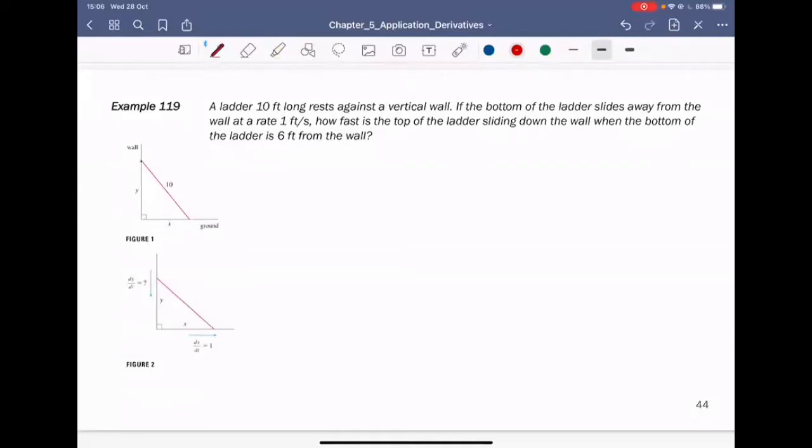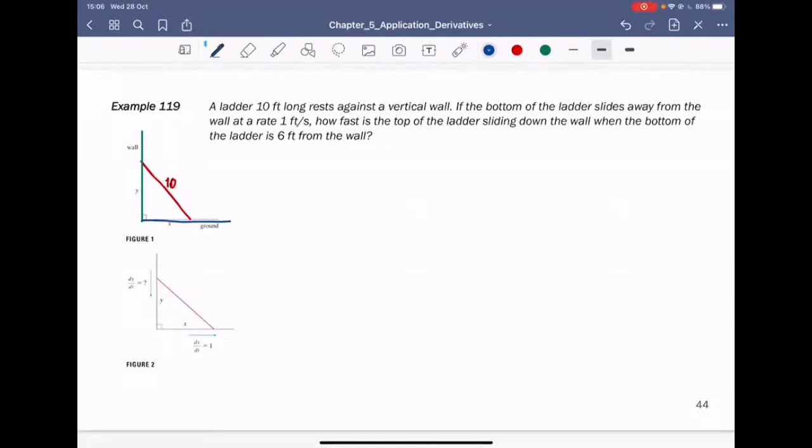Let's say that you have a ladder here that I draw in red. You know that the ladder is 10 feet long. You have the wall here, the one that I draw in green. And the ground here is the one that I draw in blue.